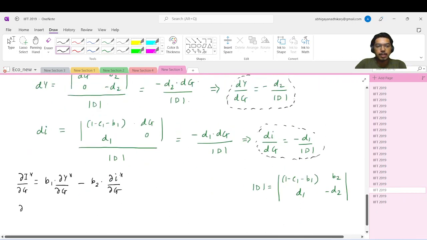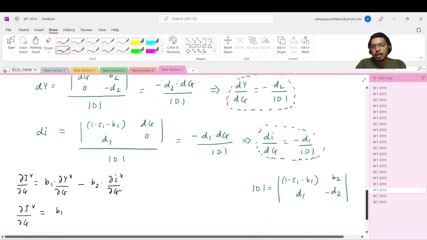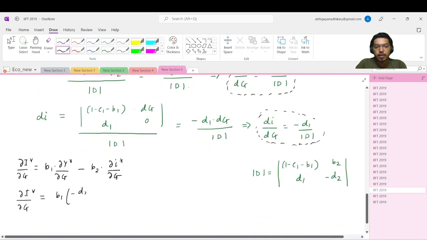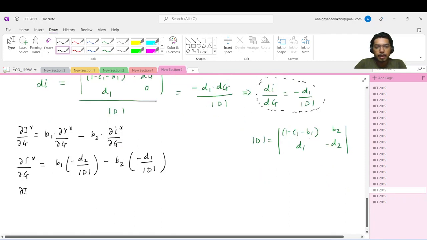So we get del I star by del g equals b1 times minus d2 by determinant D, minus b2 times minus d1 by determinant D. That means del I star by del g equals b2 d1 minus b1 d2 divided by determinant D.